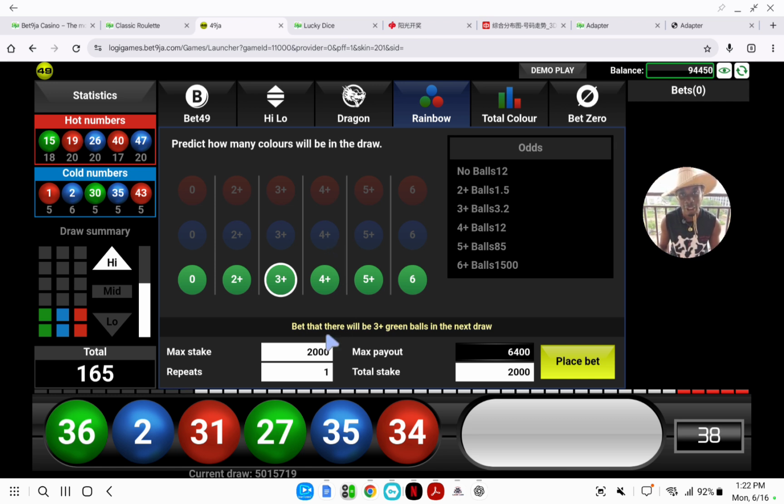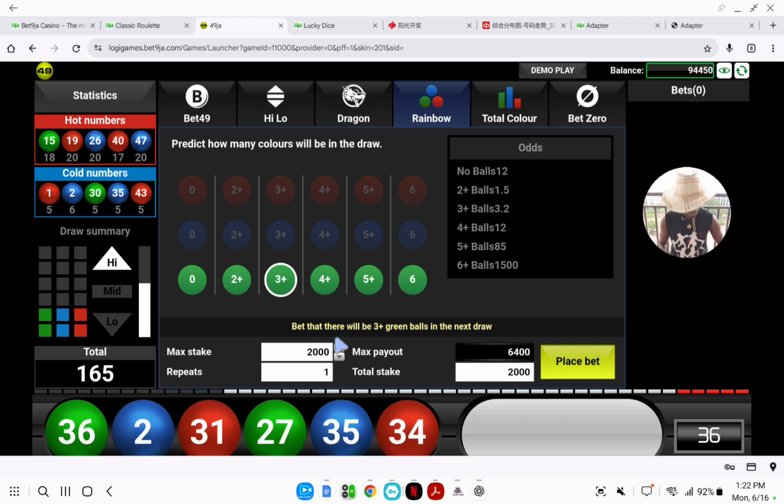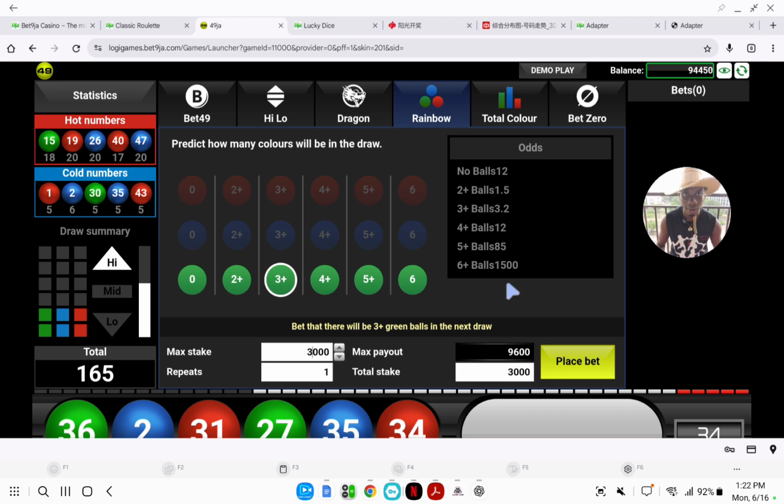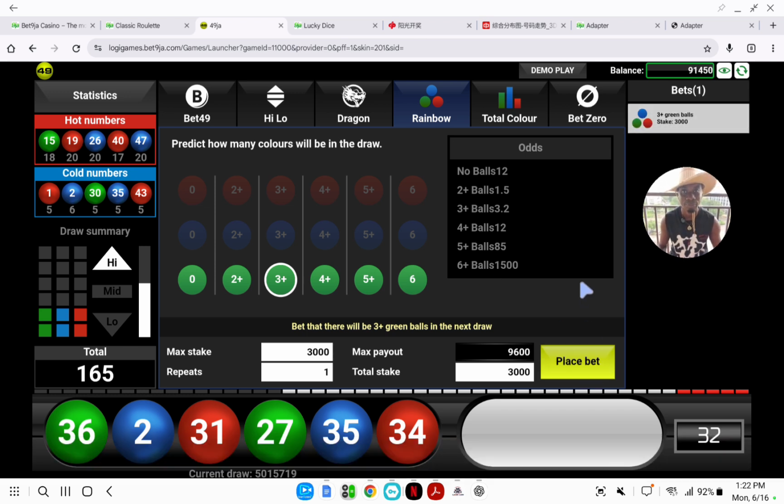But because there is trading power, I'll go on again with the green because I know definitely it's in the right position for green to appear. So green has a better chance of appearing than any other column.